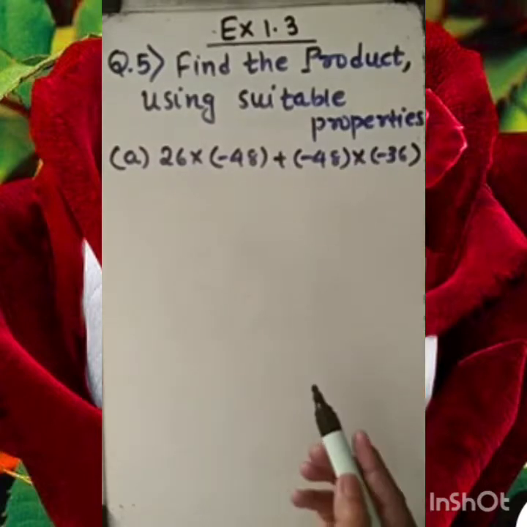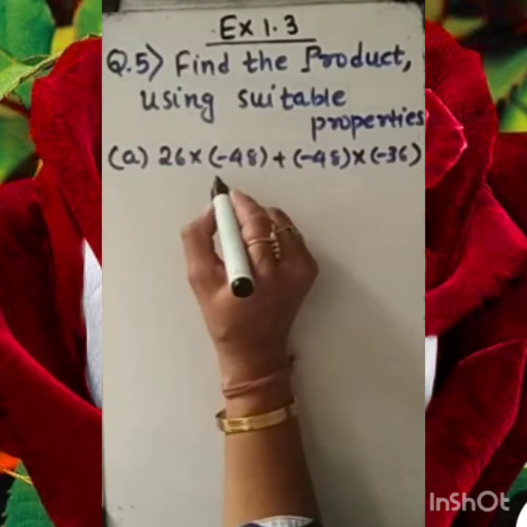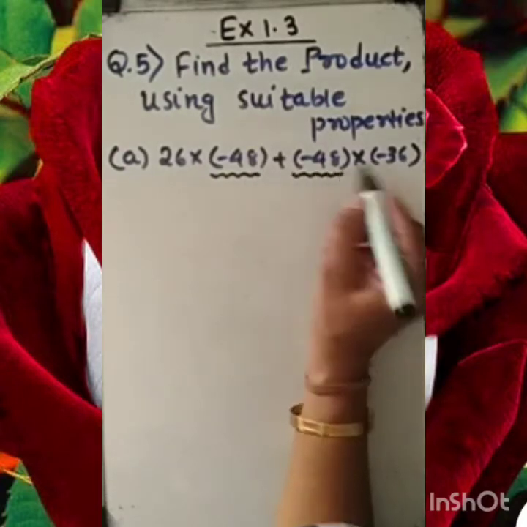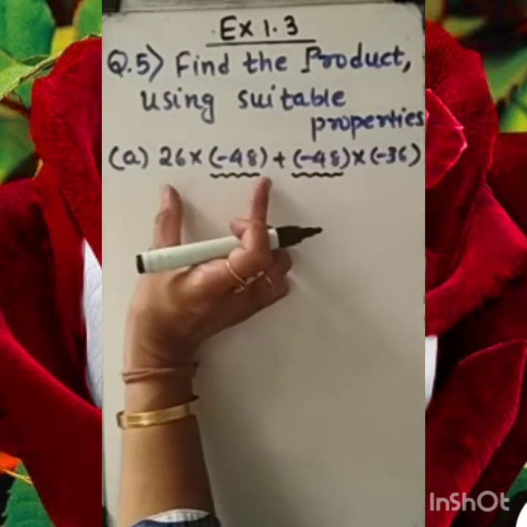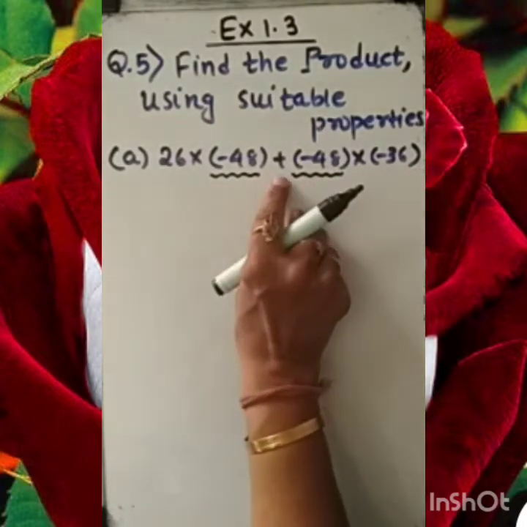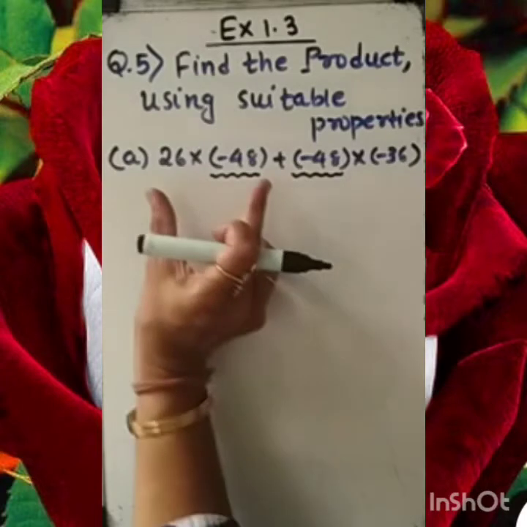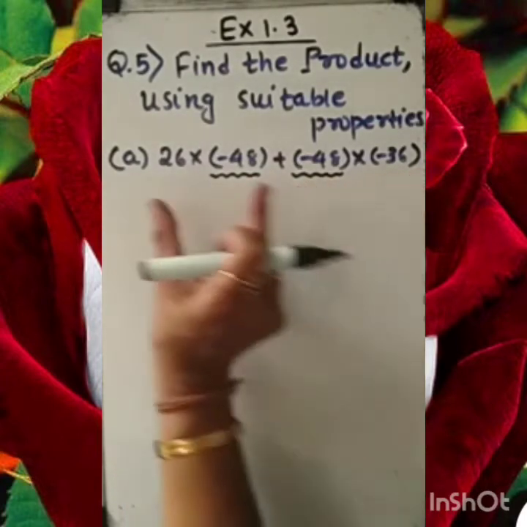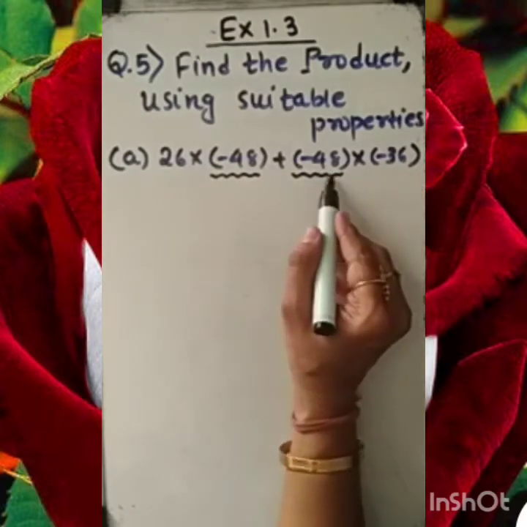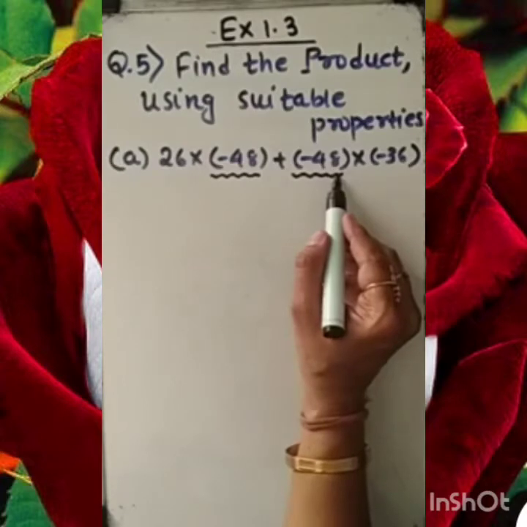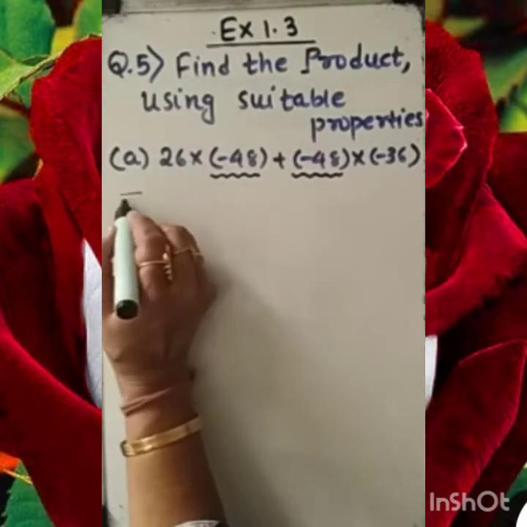My dear student, just look at your screen. First of all, we are given something common in both of these. This is the first part, this is the second part, as it is separated with a plus sign. In both of them, we can see -48 is available in the first part and also in the second part. So in such a case, the equal to sign is compulsory to mention first.